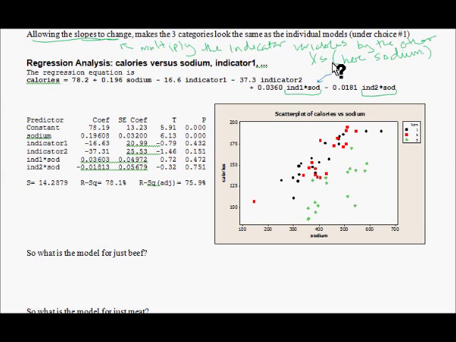So we used calculator to create those interaction terms. Then we did a regression to get the model. This is just using regression.